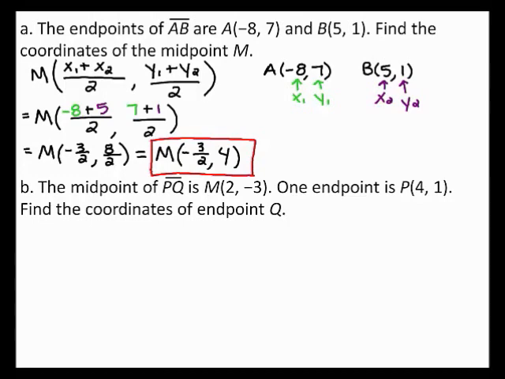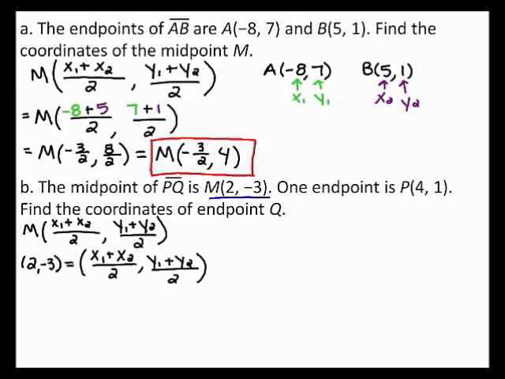In part B, the coordinates of a midpoint are x1 plus x2 all divided by 2, y1 plus y2 all divided by 2. In this problem, you are told that the midpoint of segment PQ is M(2, -3). So, the coordinates (2, -3) must equal the coordinates x1 plus x2 all divided by 2, y1 plus y2 all divided by 2.